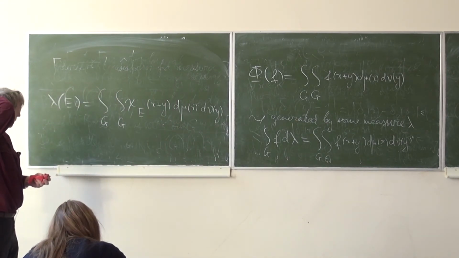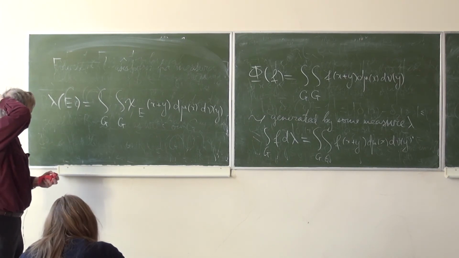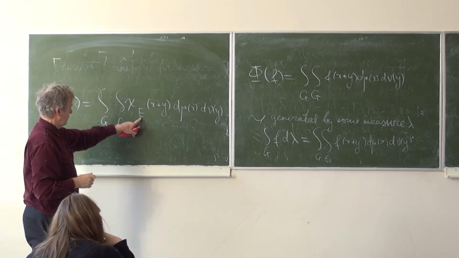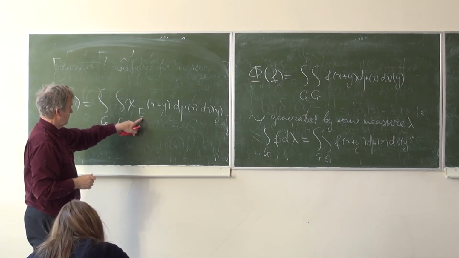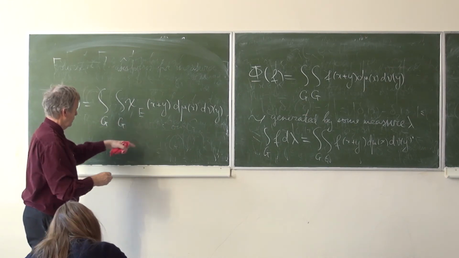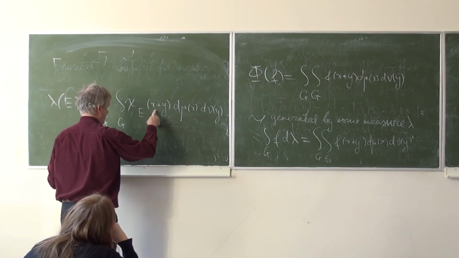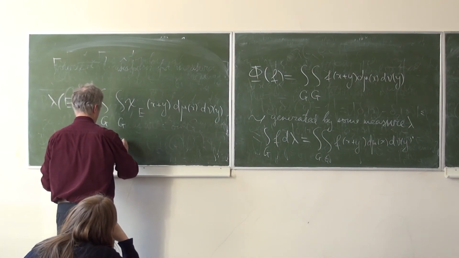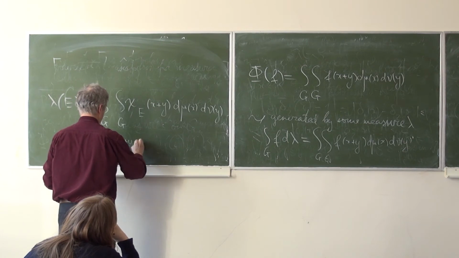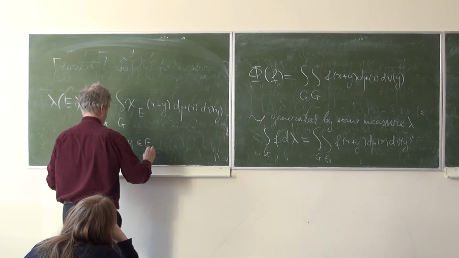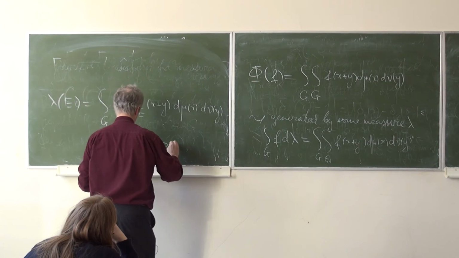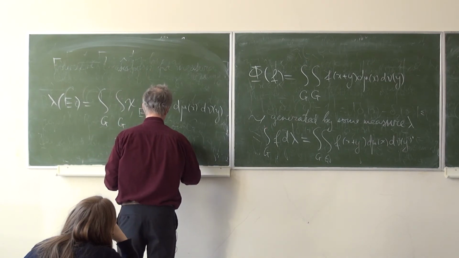And if we integrate here first in the measure mu, then what is this? This is the characteristic function of which set? For this to be equal to 1, we need that x plus y belong to E. This is equivalent to x belongs to E minus y.